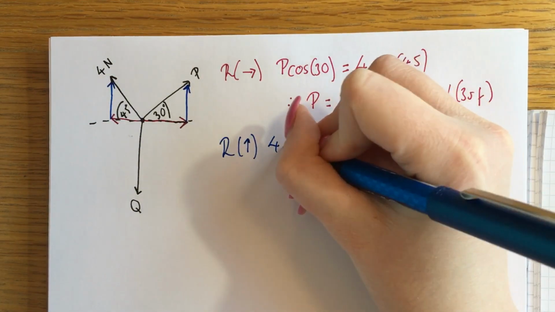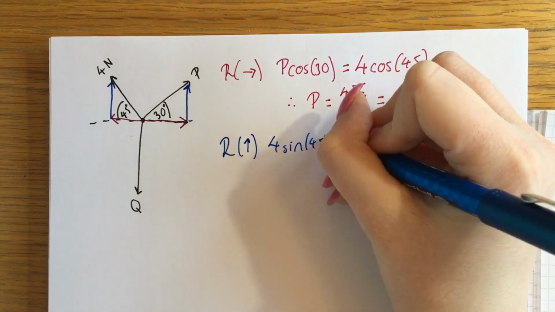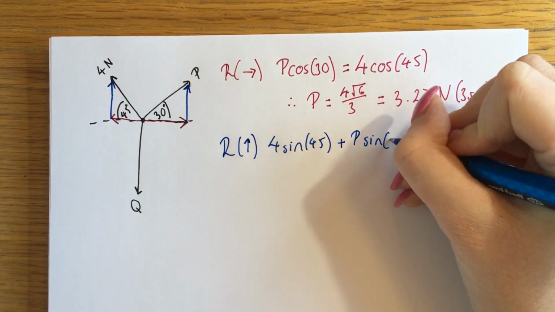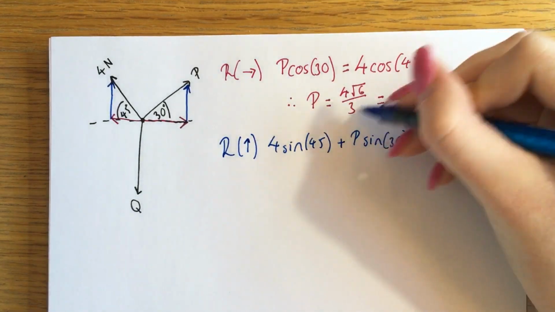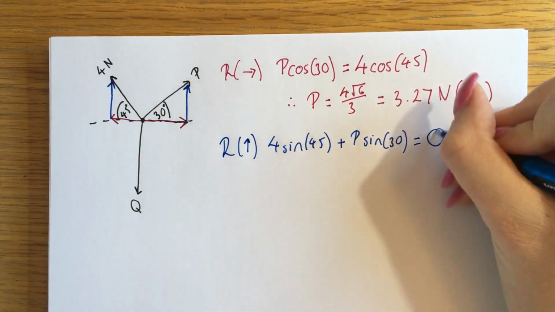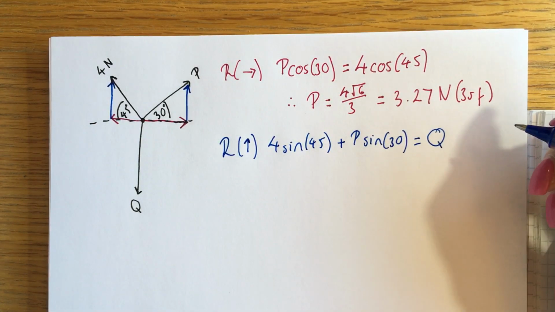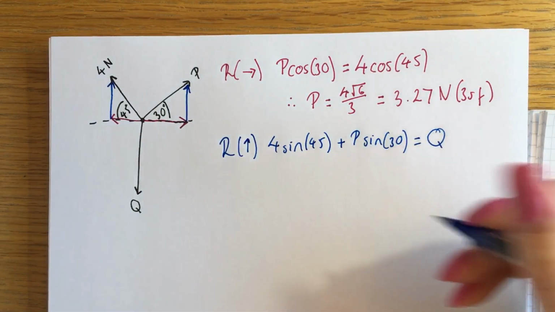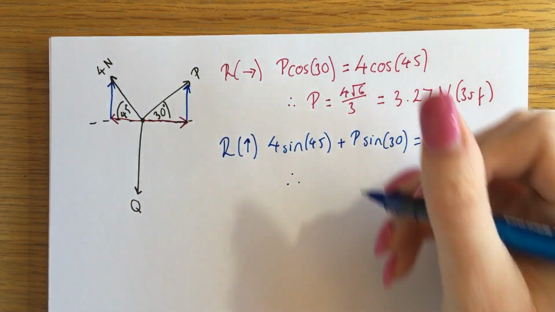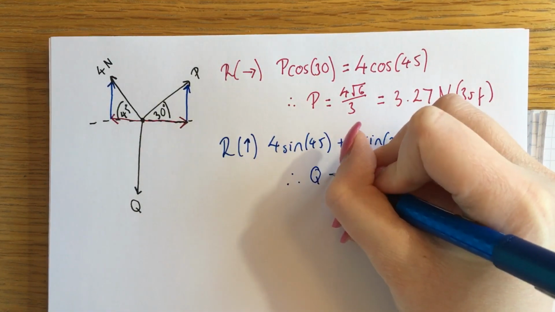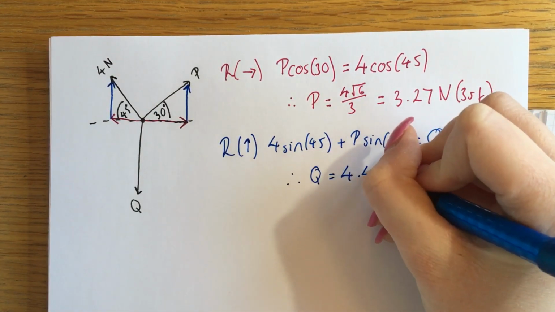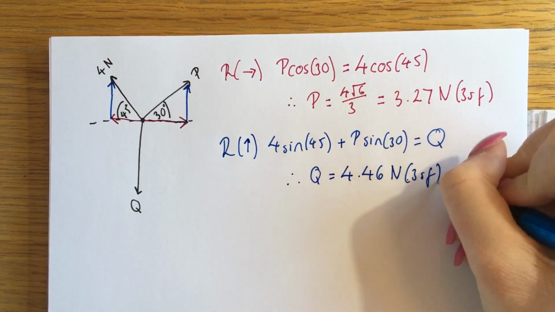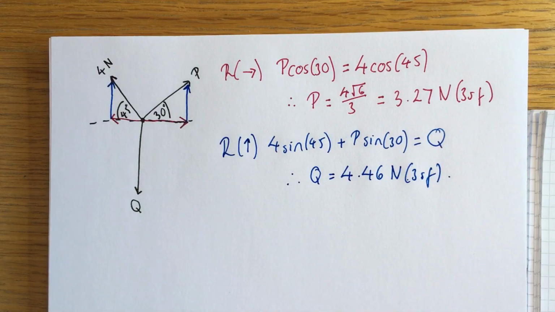So I've got 4 sin 45 plus P sin 30, just writing P because it's easier, and that is equal to Q. I'm going to substitute all of this in, substituting in my known value for P. So therefore Q is equal to 4.46 newtons to 3 significant figures. Perfect.